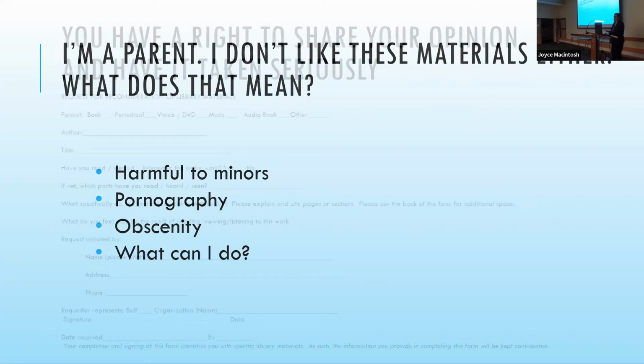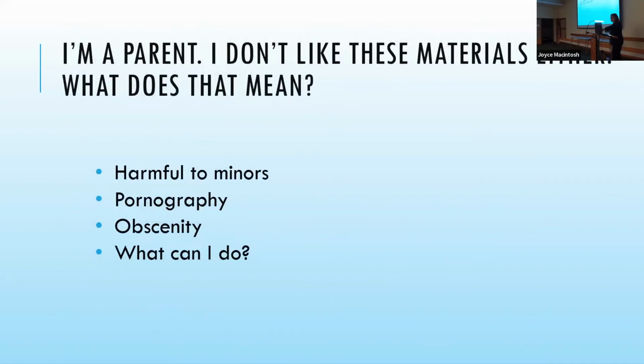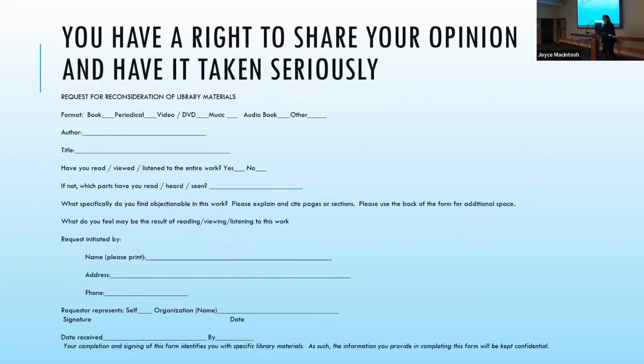So, I'm going to answer number 4 before I touch on the first 3. The what can I do? As I mentioned earlier, I can share my opinion. Every library, including Elmhurst, and this may in fact be ours, has a materials reconsideration form.